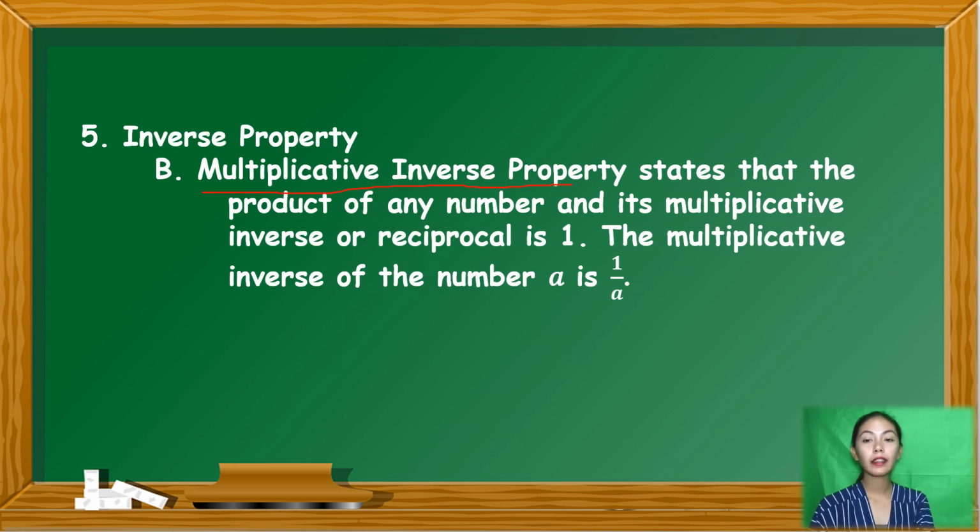It states that the product of any number and its multiplicative inverse or reciprocal is 1. The multiplicative inverse of a number a is 1 over a. So the reciprocal of a is 1 over a.